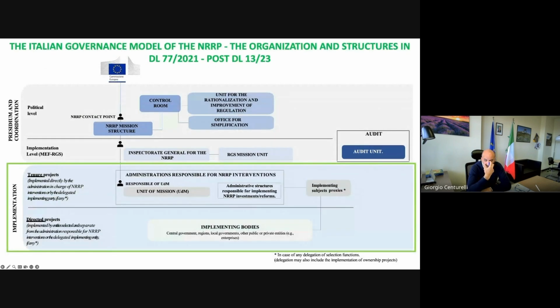For Italy, the control system, or better the governance of the implementation of the plan, is shown in this slide. We have two different levels. We have a coordination level.